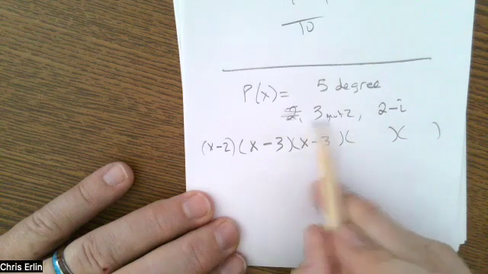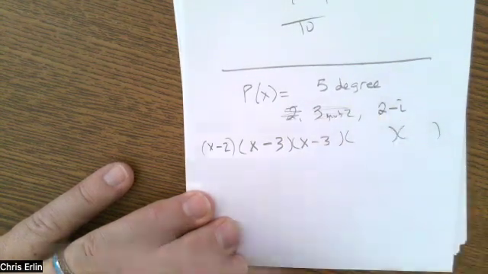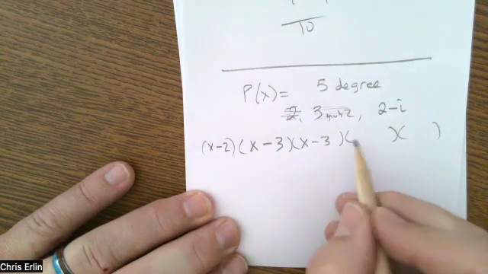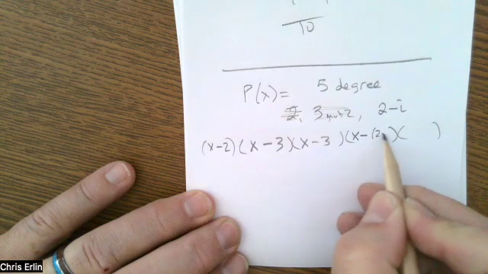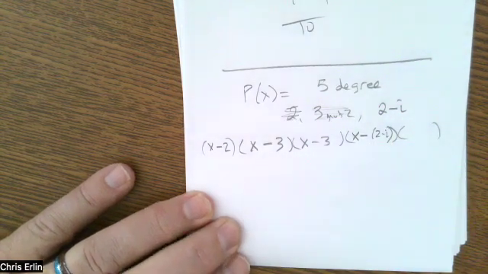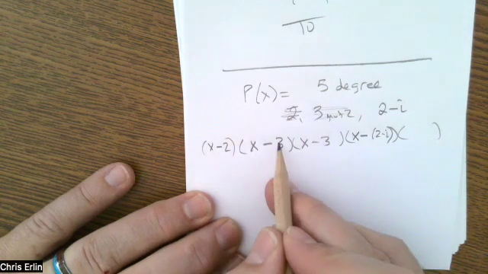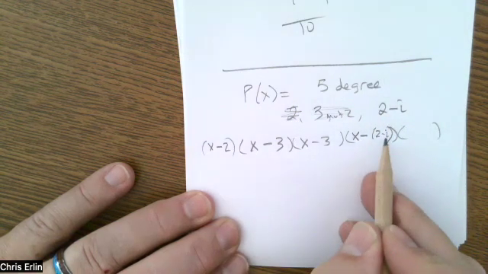Now, use that same idea. What would be the factor with this as a term or as a 0? X minus this thing, right? Just like here, we said if this is a 2, I do x minus 2. If this is a 3, I do x minus 3. If our 0 is 2 minus i, wouldn't it be x minus 2 minus i?